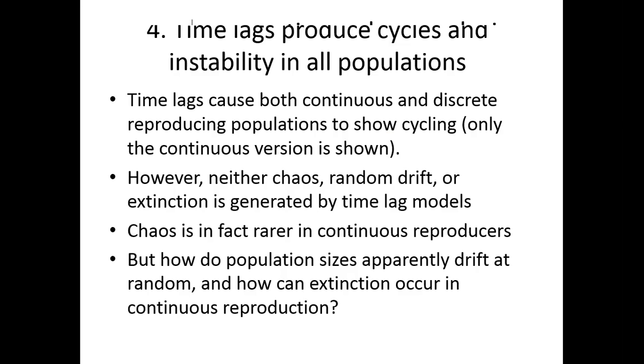And that's a problem, particularly for continuous reproduction, because we know that they do all of those things. Extinction is possible for discretely growing populations if you have chaotic fluctuations. But so far, it's the continuous population growth that's still kind of lacking.